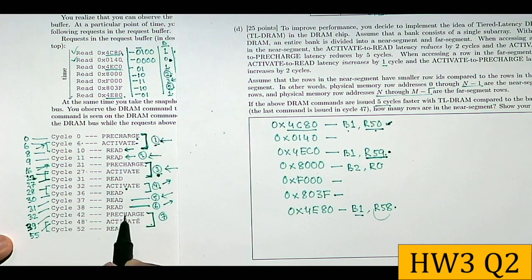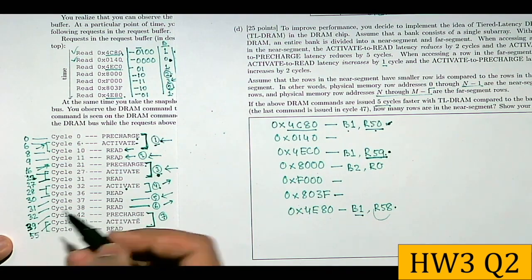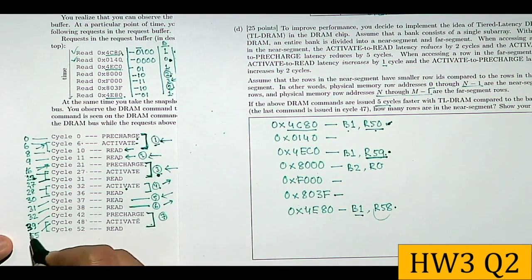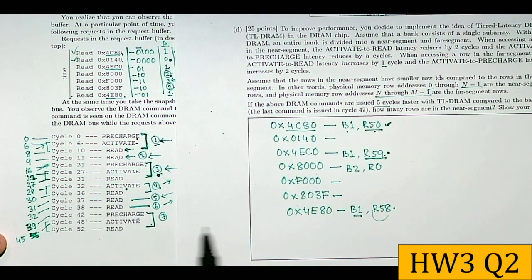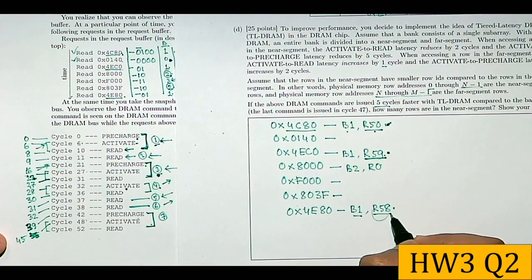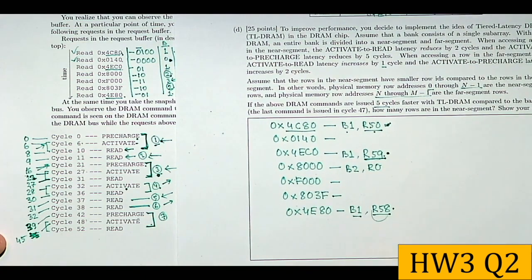And then pre-charge to activate is 6 cycles more. That's 45. Now activate to read. If this R58, so we started with R58 as a fast segment, right?